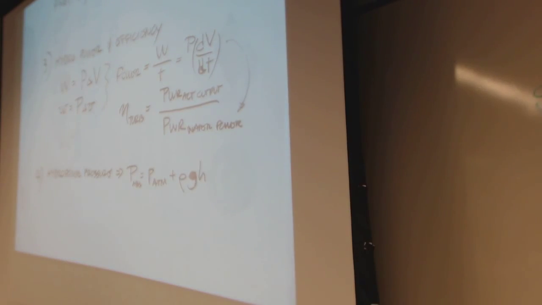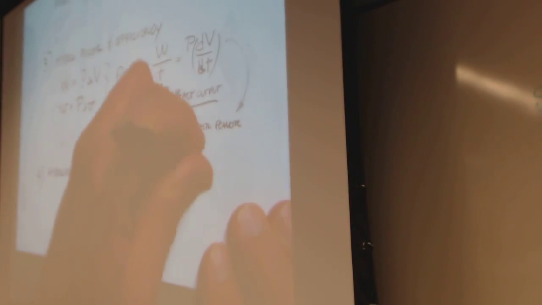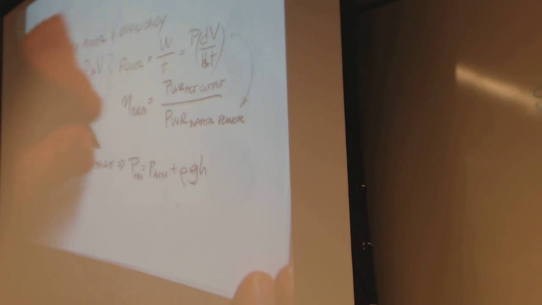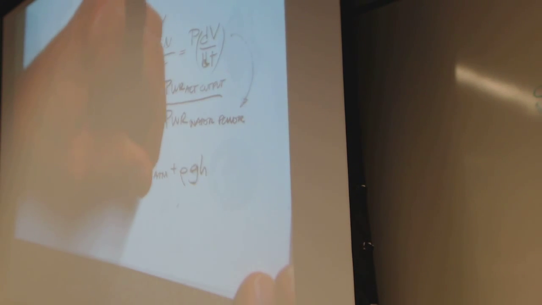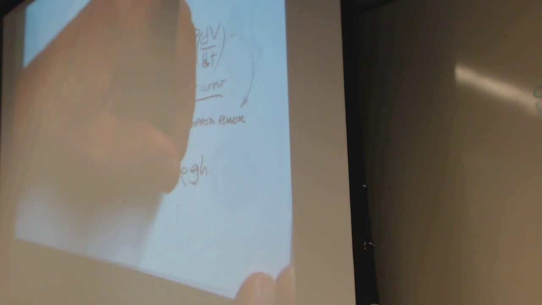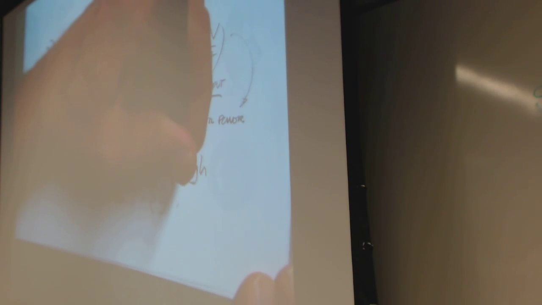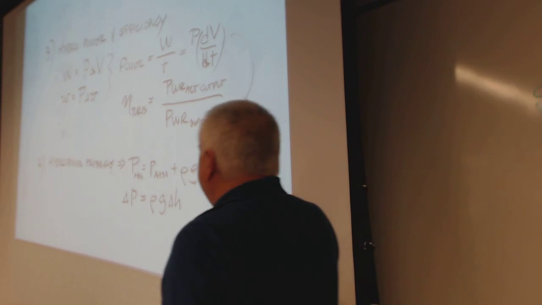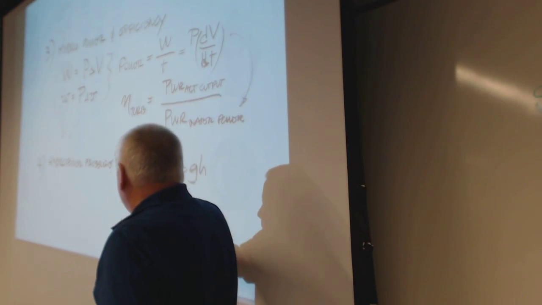Density times gravity times height is our basic pressure. A change in pressure would be rho g change in height. And in this case, I should actually change the problem.